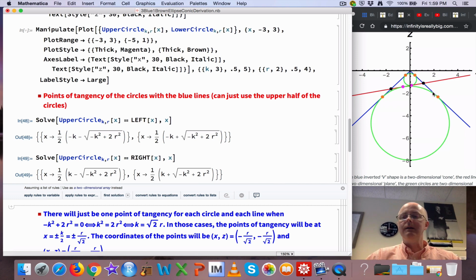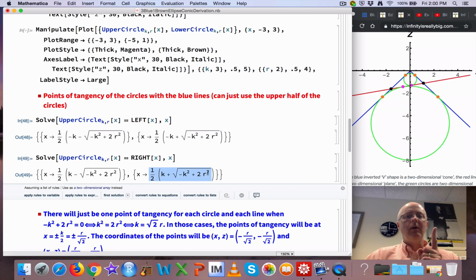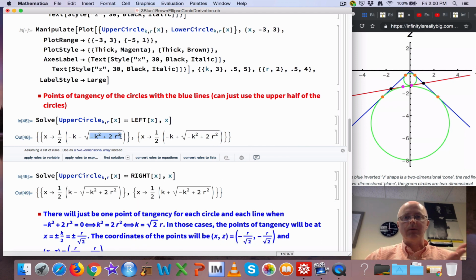Okay? But in order to be tangent to those blue lines, these circles have to just intersect each one at 1 point. We got 2 points here for each one, this one and this one. Where will those only give 1 point? You only get 1 point when the thing under the square root is equal to 0. Okay? So that's the condition.